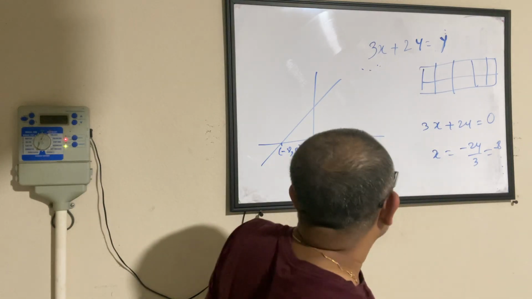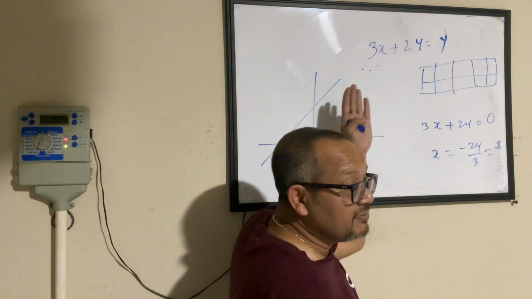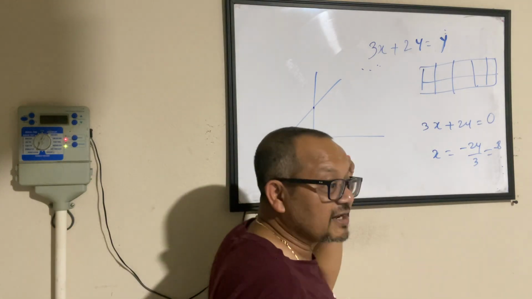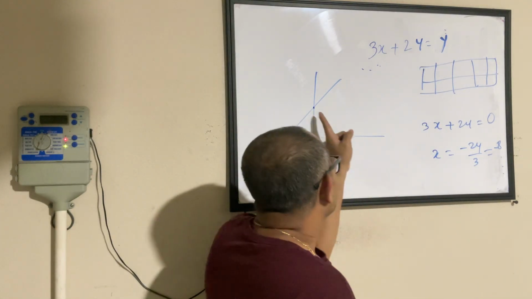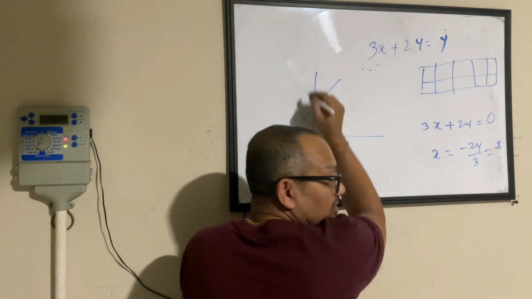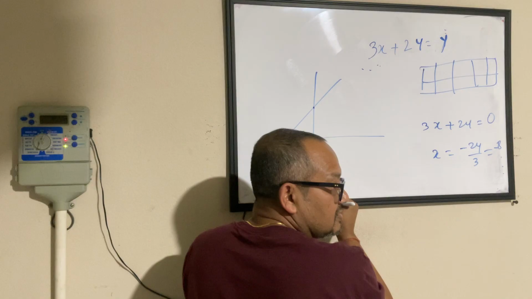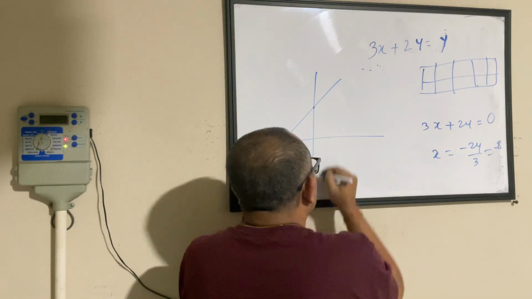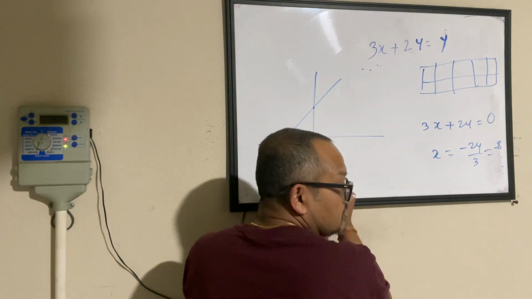You can ask where this line meets the y-axis. It meets here. What is the characteristic of this point? This is where the value of x is 0.